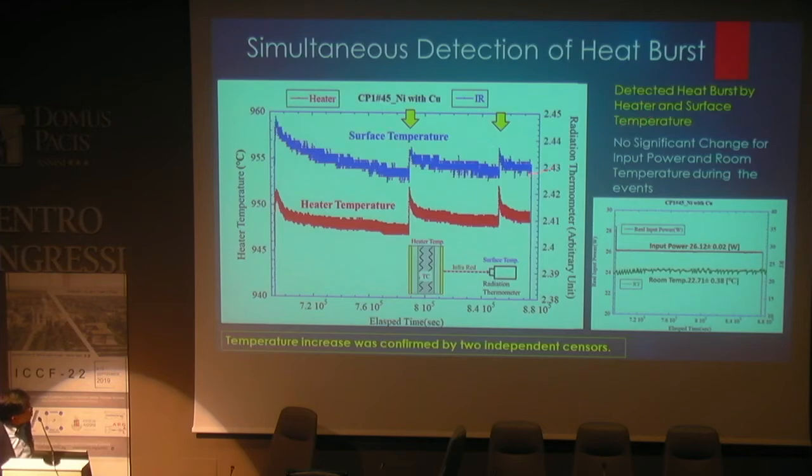And during this experiment, we check the input power and the room temperature. These are very constant, so this increase is a heat burst, I think. And more important, the temperature increase was confirmed by 2 independent measurements, by thermocouple and radiation thermometer.